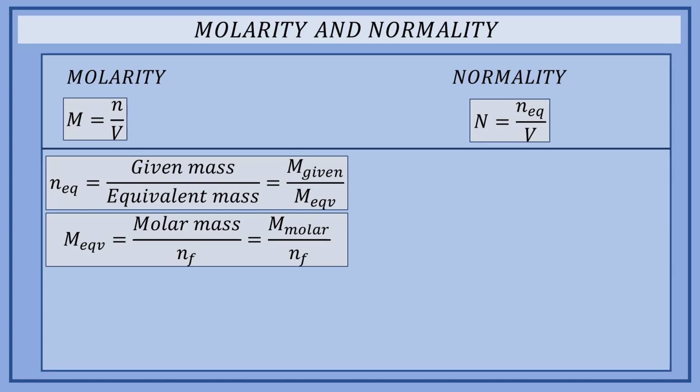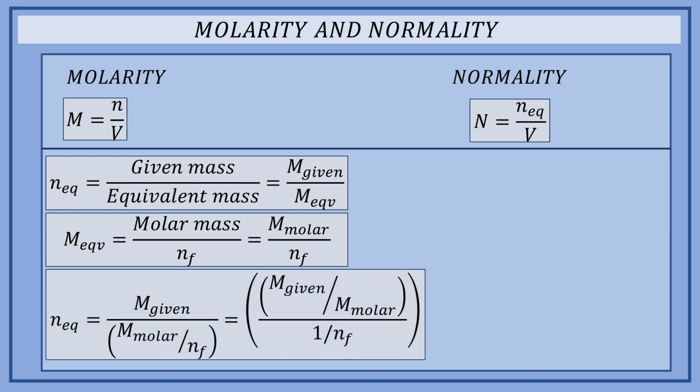Then we can substitute the value of m equivalent into the above equation. So n equivalent will be equal to m given upon m molar upon nf. On rearranging, we can take m given upon m molar as one quantity, and we will have 1 upon nf in the denominator.